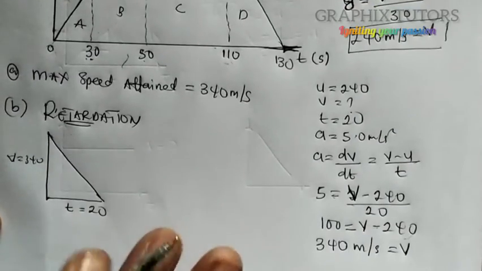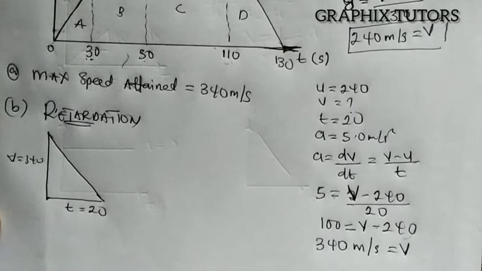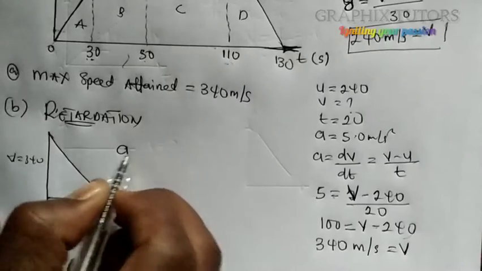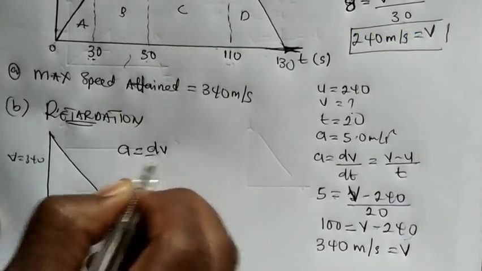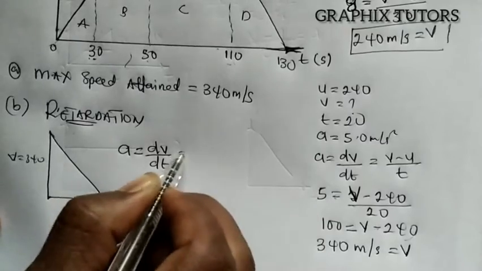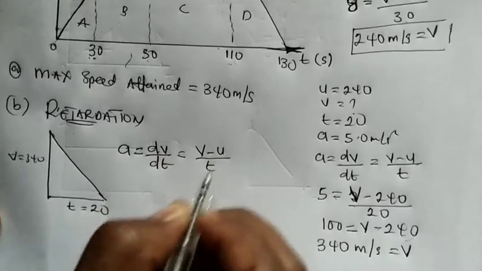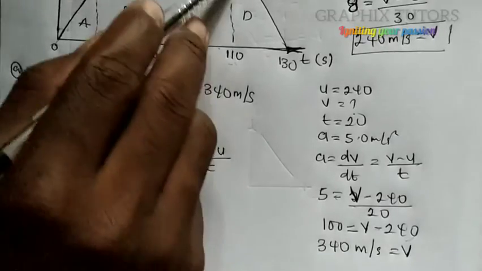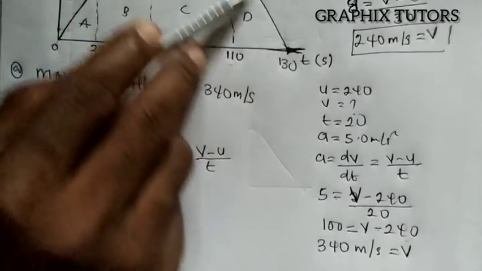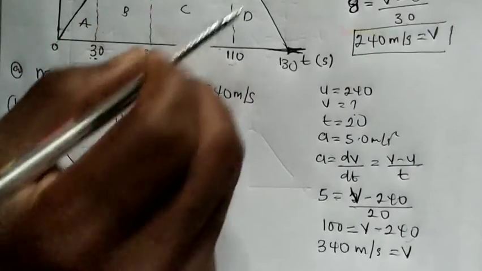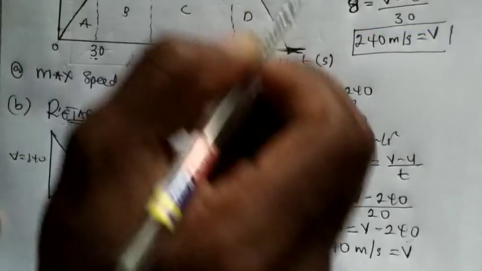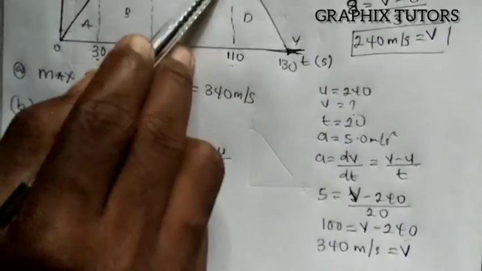If you apply your retardation, talking about the deceleration, our retardation here is given as A is equal to V over T, which is V minus U all over T. Now what is the V? Since we are considering this slope here, this is our initial and this is our final. So the initial here U is what?